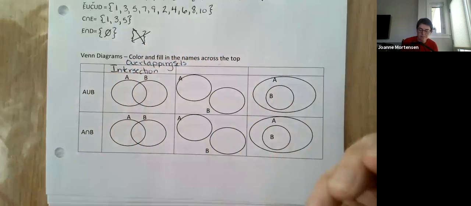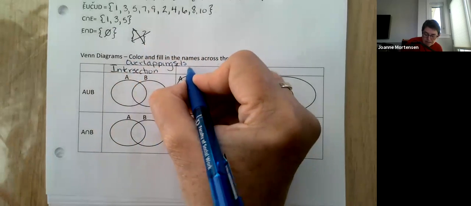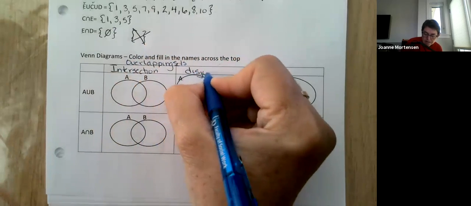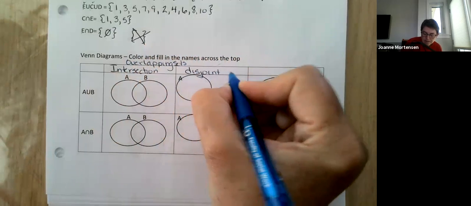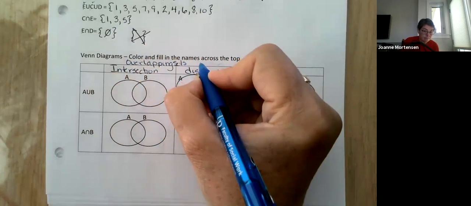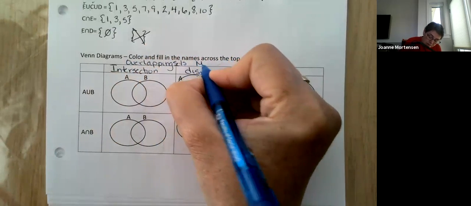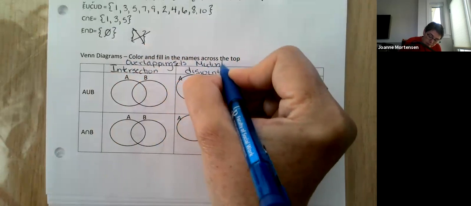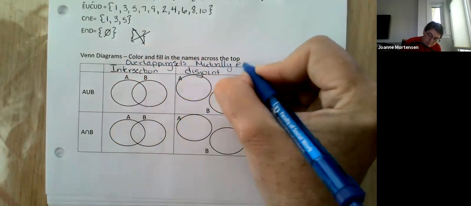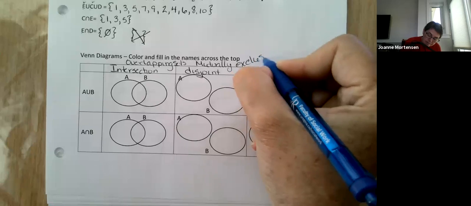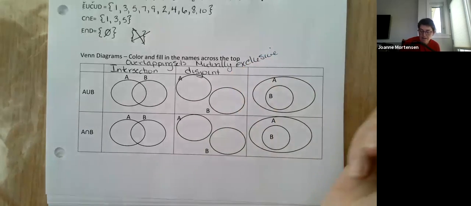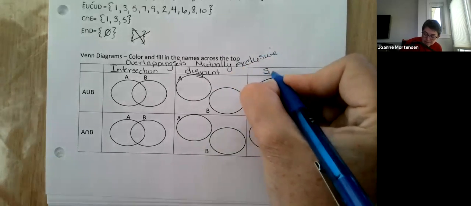Either one is good. This can be disjoint, or remember mutually exclusive. And these ones are subsets.